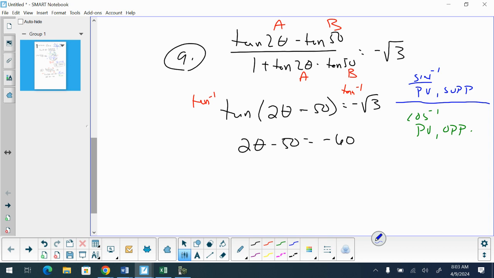So we have 2 theta minus 50 equals negative 60. We solve the equation for theta. So we can add our 50 over and divide by 2.